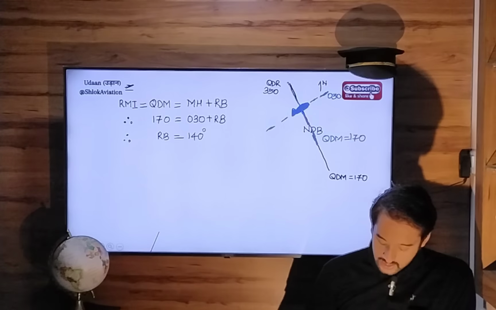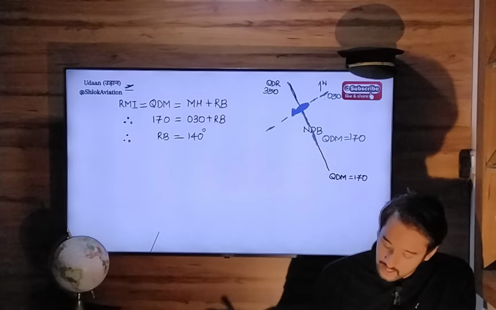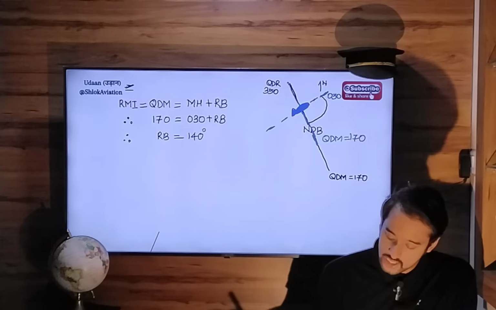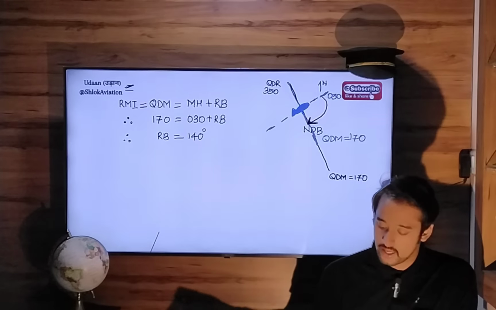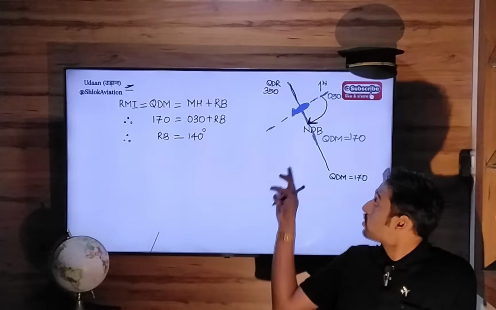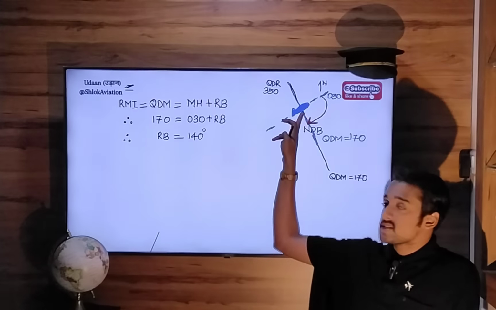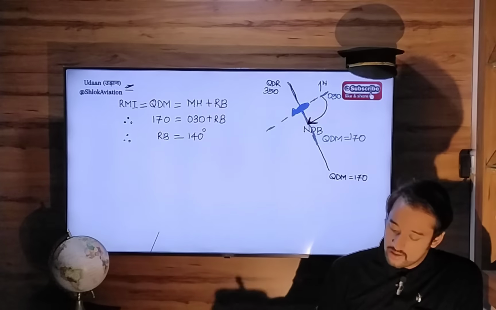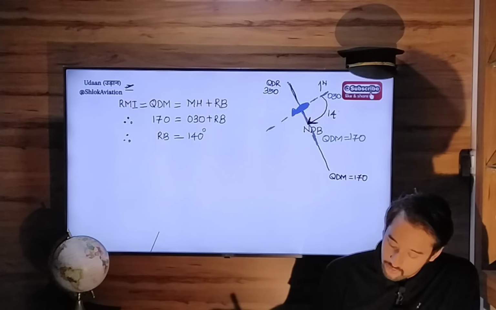Now relative bearing is the angular difference between your aircraft heading and your QDM, measured clockwise. So QDM is 170 and this is 030. The angular difference between them is 140.